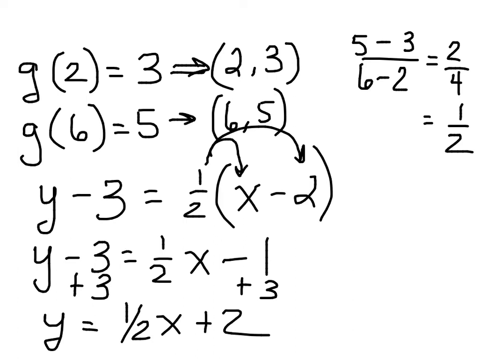When you're given a table, you need to see if there is a constant rate of change. A constant rate of change also is a slope, because when we talk about change in, we're really just talking about the rate of change. That's what slope is.